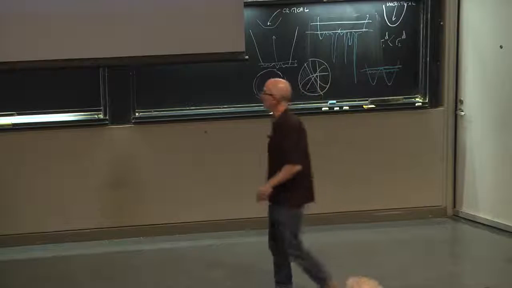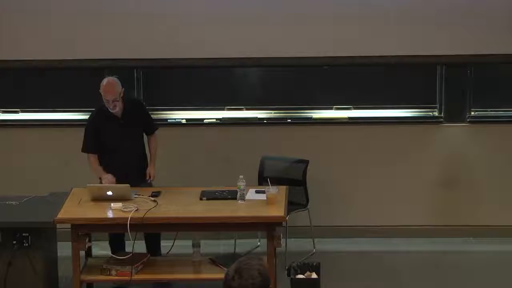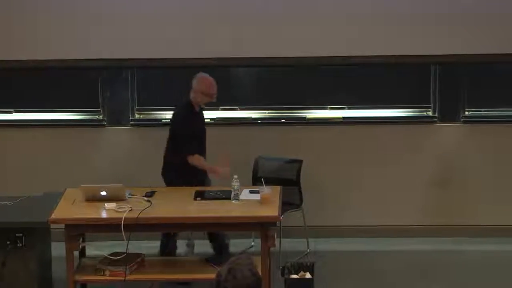But instead, if you generalize the concept of the magnetization to an order parameter that's dynamical, then you're going to be able to see this. So basically, the idea is the following.